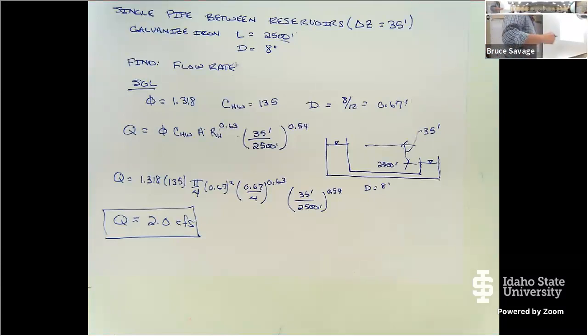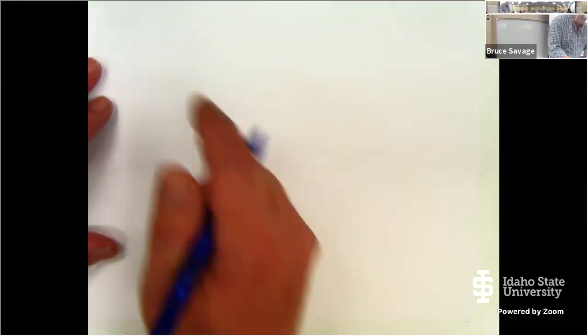Okay. So now let's get back to equivalent lengths. All right. Once again, you can look it up, or you can calculate it. So I want to talk about the Darcy-Weisbach equation really fast.